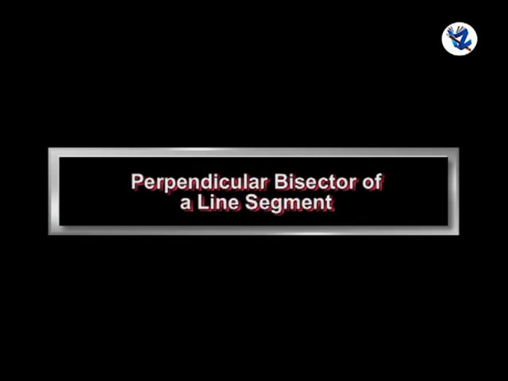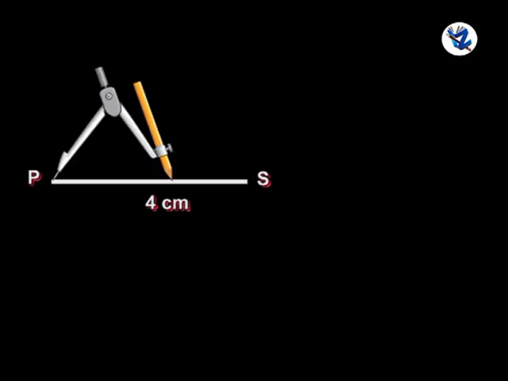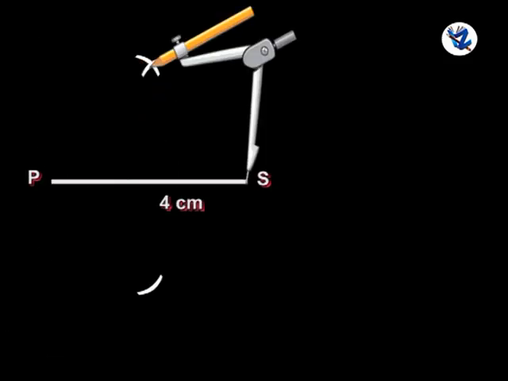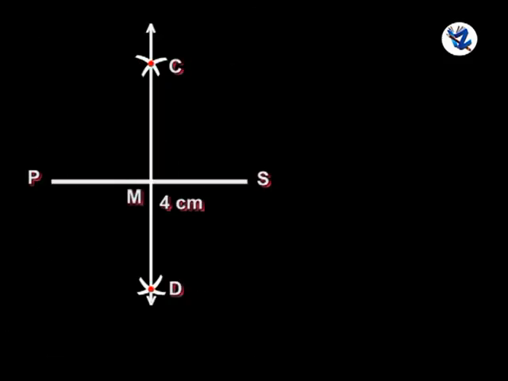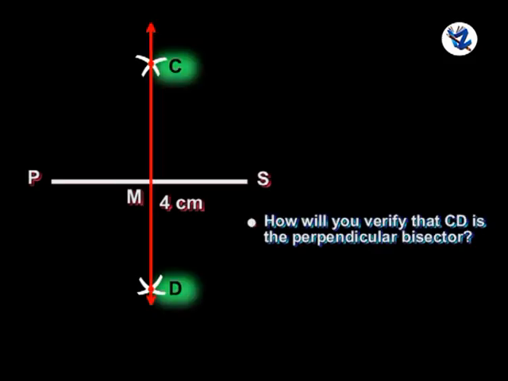Now we'll see about the perpendicular bisector of a line segment. Draw a line segment PS of length 4 cm. Draw its perpendicular bisector, that is line CD. Now tell me, how will you verify that CD is the perpendicular bisector?